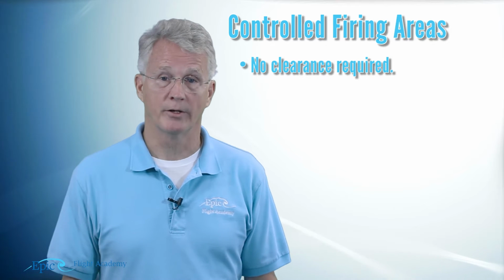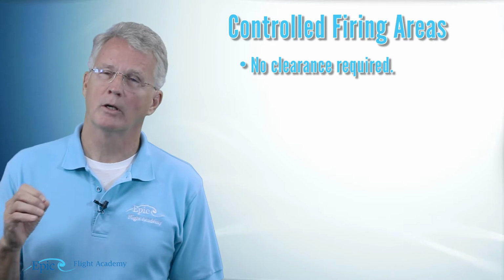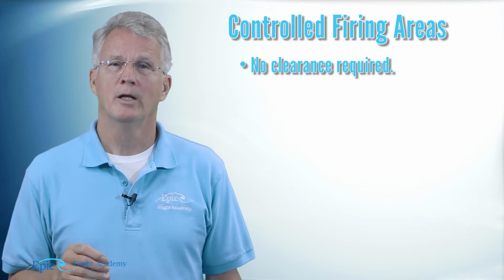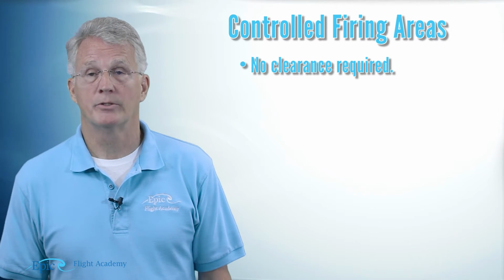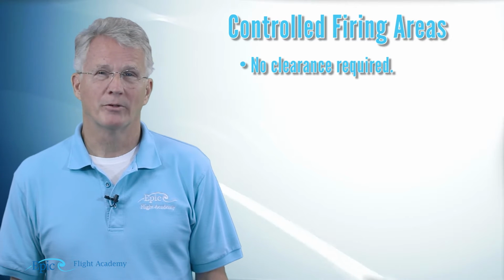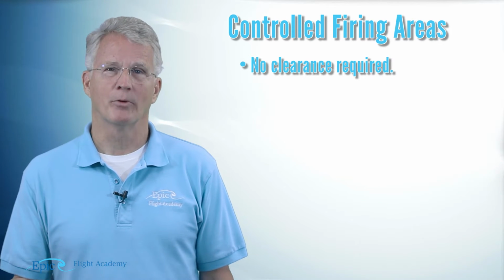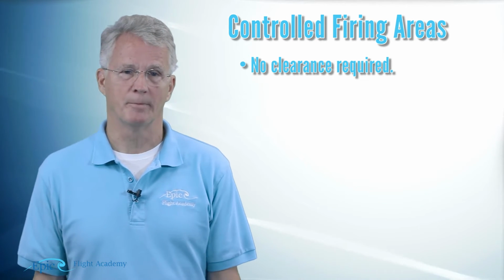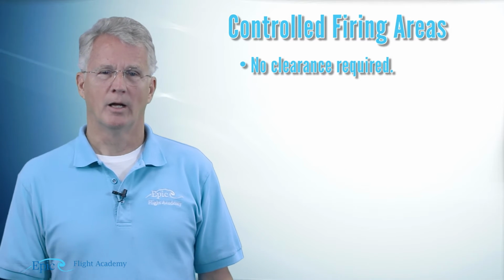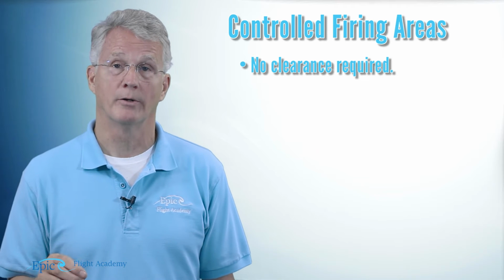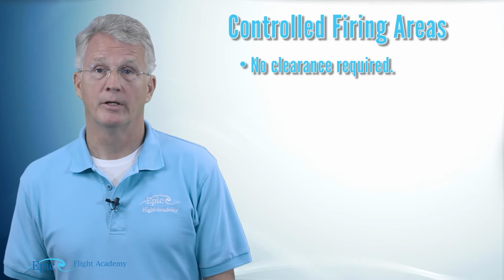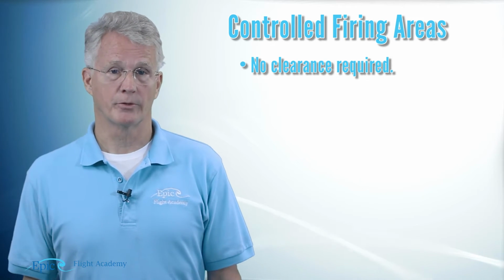Controlled firing areas, there is no clearance required, and again, these are typically military operations or some other type of firing operations, maybe flight test of some type, and we want to avoid those areas. Now, there's no clearance required, but we want to be very vigilant and cautious of those areas.